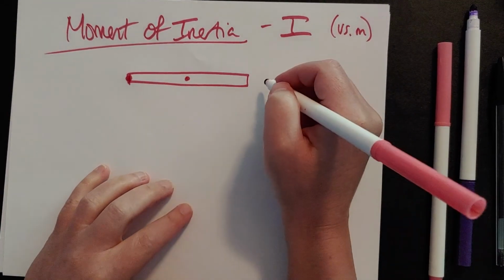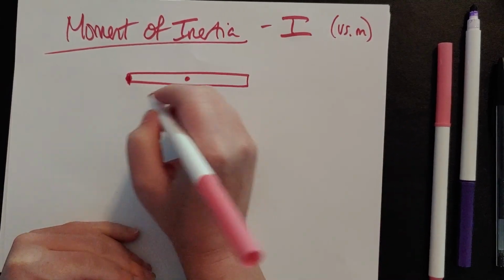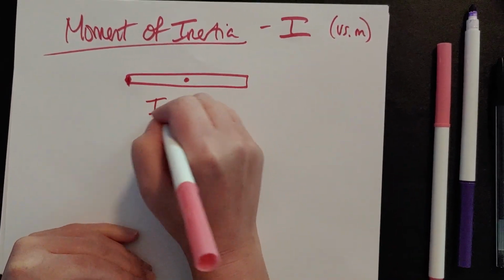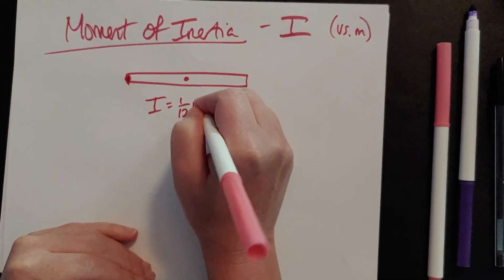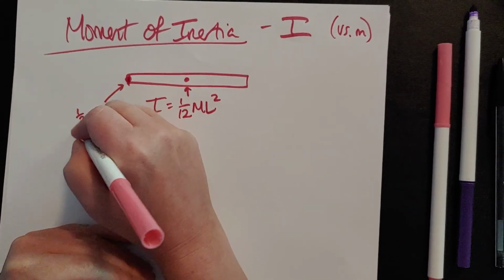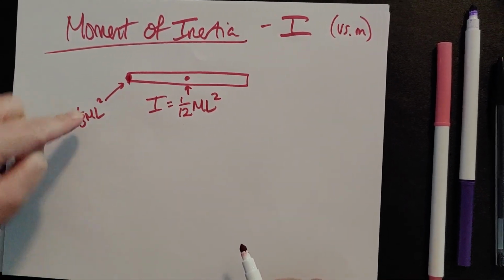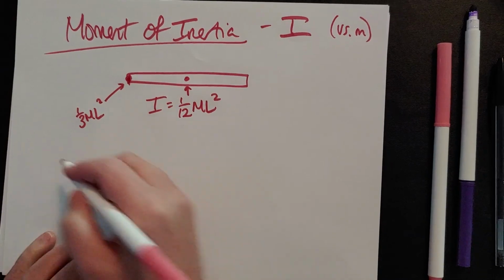Okay? And so there are these values that tell you, right? So it's 1/12 ml squared for the center, and it's 1/3 ml squared, right? So obviously that's bigger when you rotate it here.